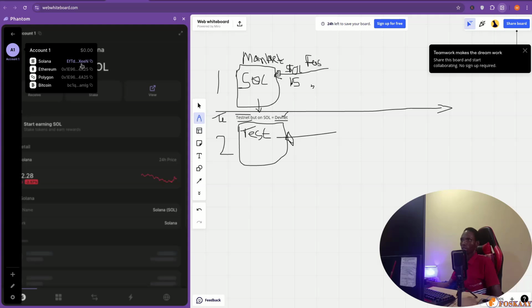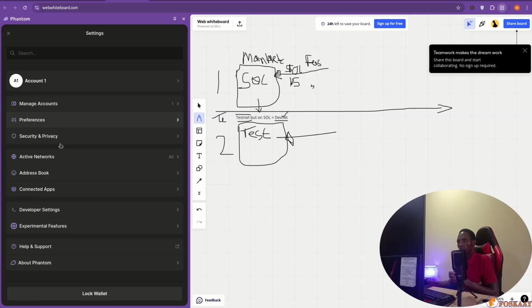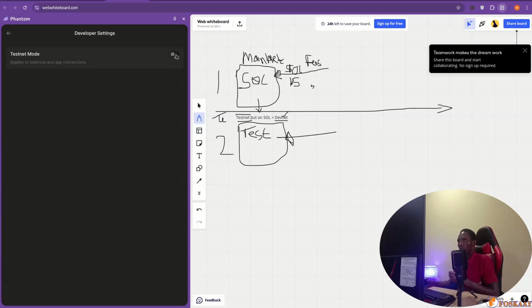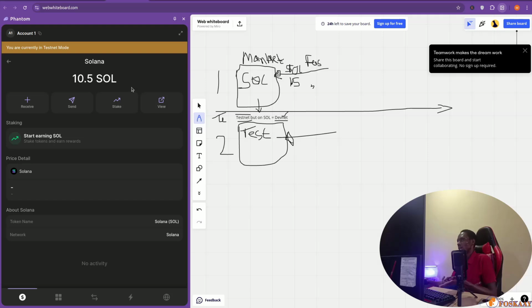If I send that test DevNet fake SOL to you, to the same wallet, you will not see it in the actual original SOL that requires real money. It won't show up. You will have to switch to the development version. Here, you see DevNet, SOL DevNet, before it can come up. You see it, and it's now coming up.